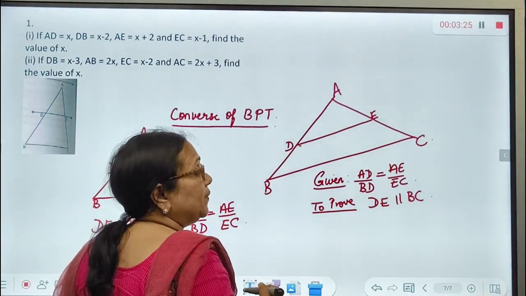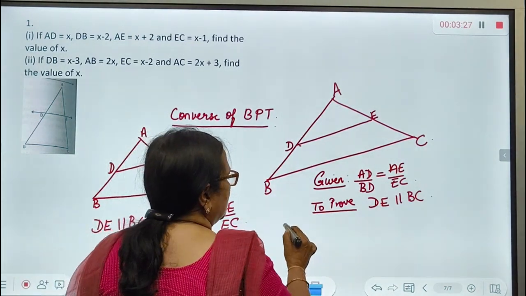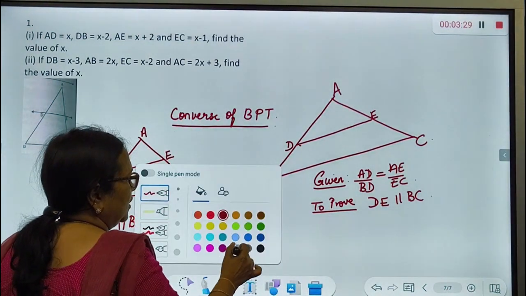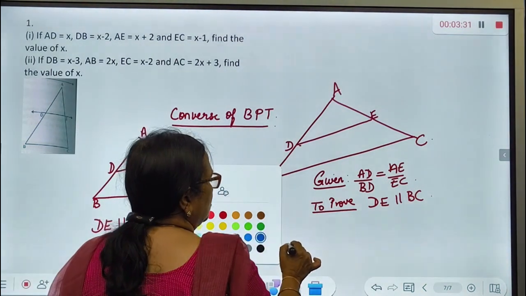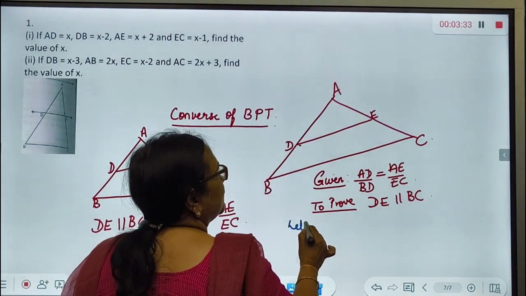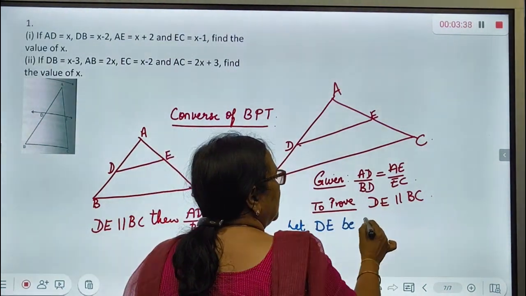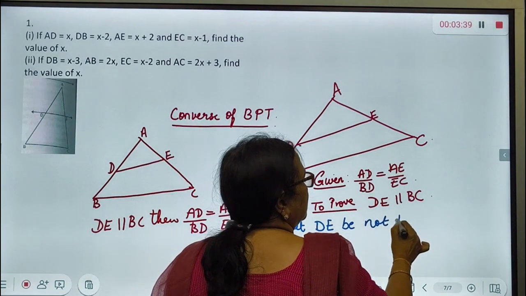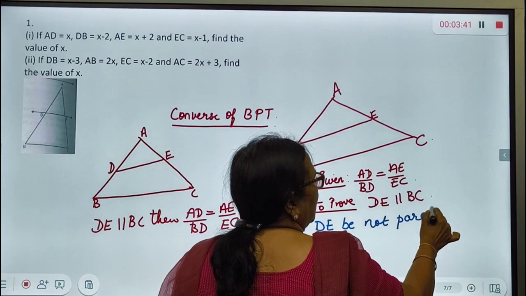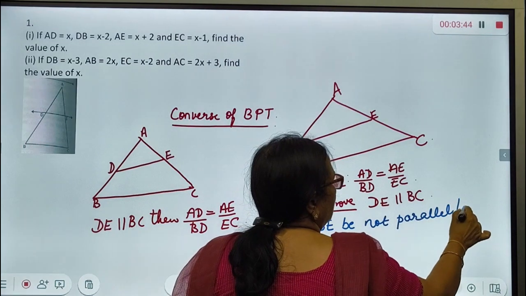Now we are going to prove by the method of contradiction. Let us assume DE is not parallel to BC.